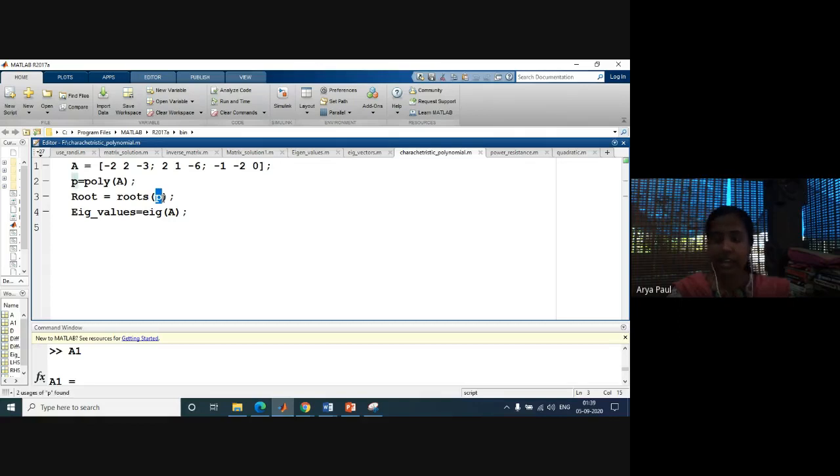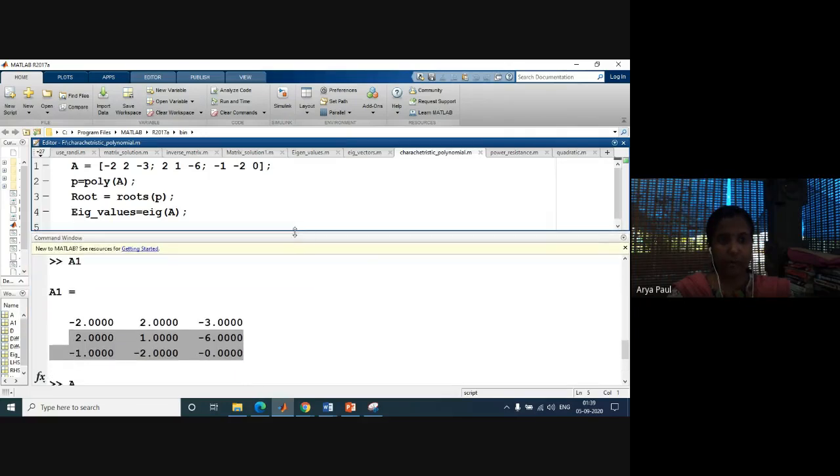Now check whether the roots are equal to the eigenvalues.